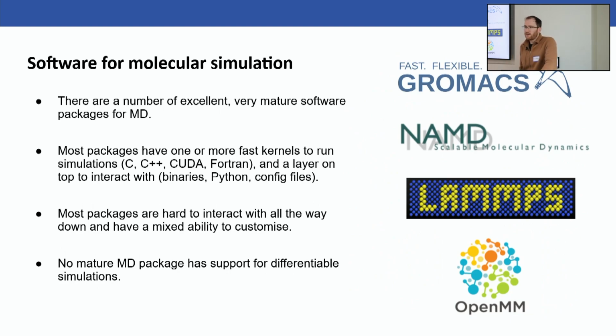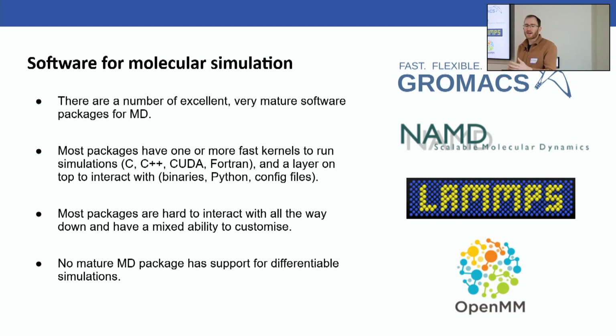So what software is available? Well, there's a number of really very good mature software packages for MD. And they're all quite similar in the sense that they have low-level, fast kernels to run the computationally expensive parts, typically in C, C++, CUDA, Fortran, OpenCL, that kind of thing. And then typically they'll have a layer on top that you can interact with.